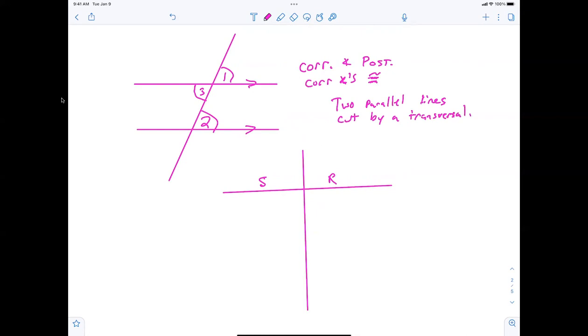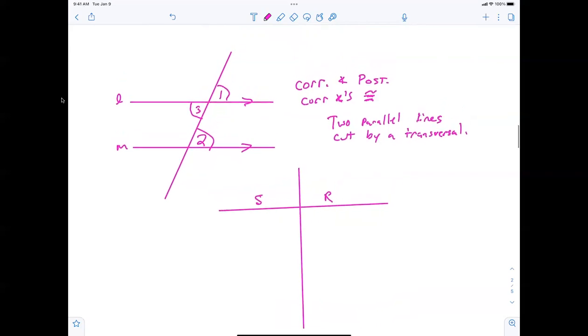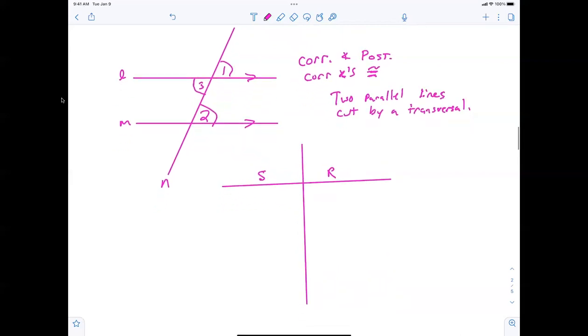We'll call these L and M, and we'll call this N. So step 1, L is parallel to M. Given.